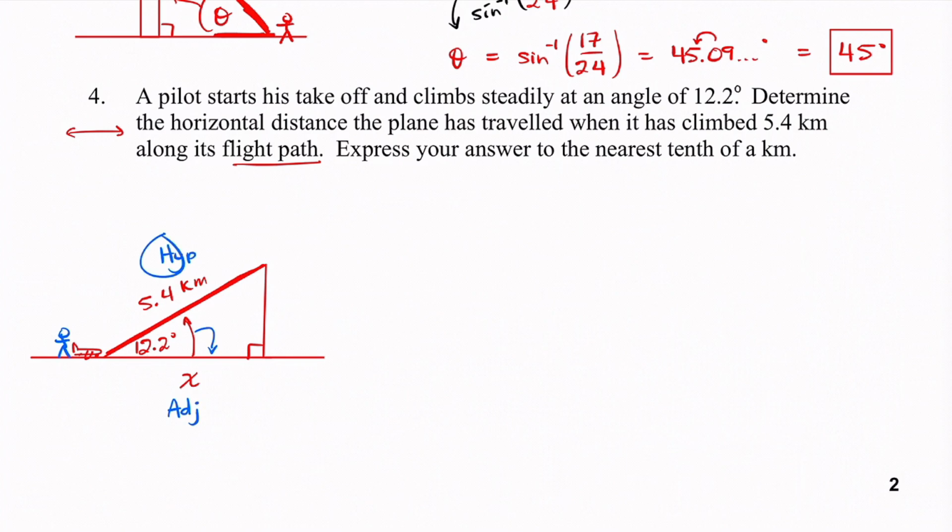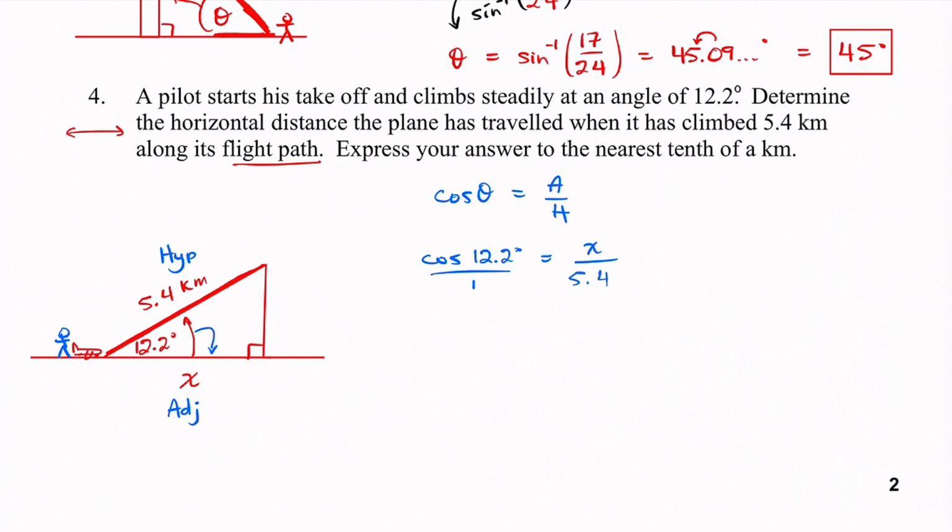So I got an H and I got an A. And the only trig ratio with an H and an A is the cosine ratio. Okay, so got a ratio, then fill it in. 12.2 is the angle. Adjacent is X and H is 5.4. Again, these just come from A is X, hypotenuse 5.4.